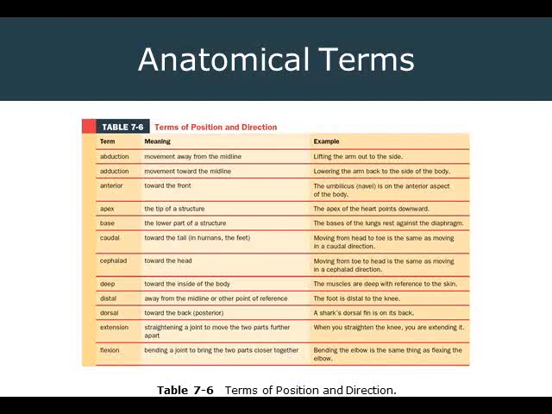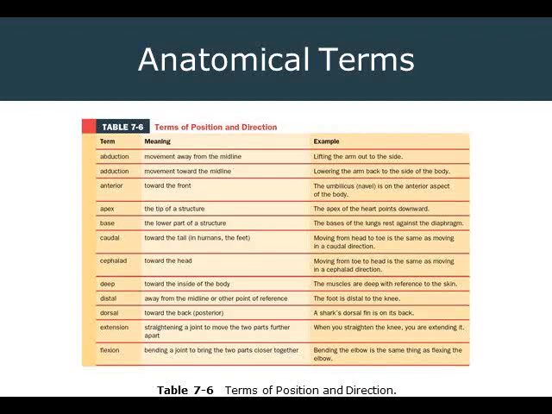So to abduct something is to move it away or to take it away. Adduct it, you move it in, you add it to yourself, is to move it towards the midline. So if you're standing with your arms down at your side and you raise them up so they're outward in a T shape, then you have abducted them. But when you pull them back down to your sides again, you have adducted them.